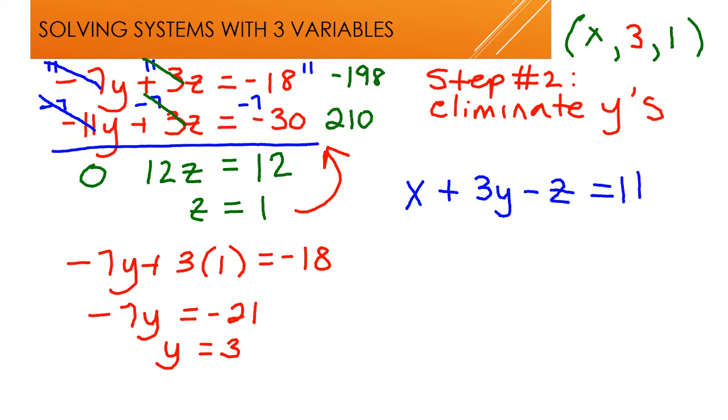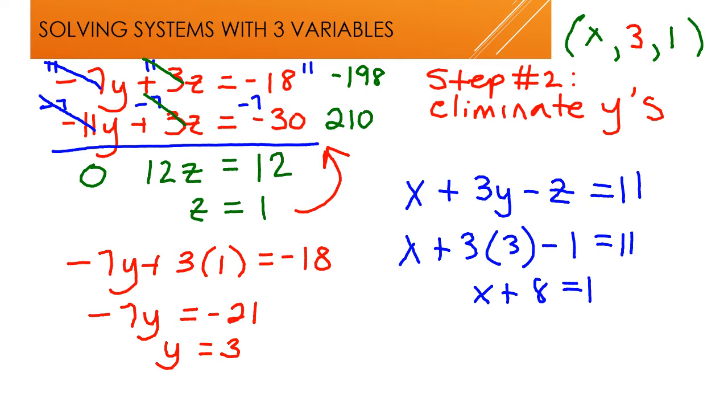Okay, so now I'm going to plug 3 into the y, and I'm going to plug 1 into the z. I'm going to solve for x. 9 minus 1 is 8. So that makes x equal to 8. And now I have my answer.